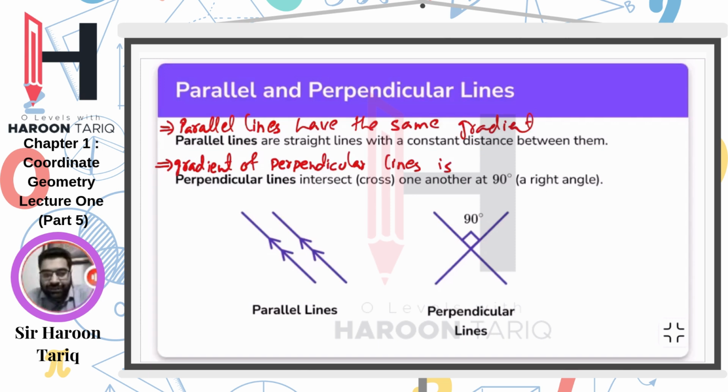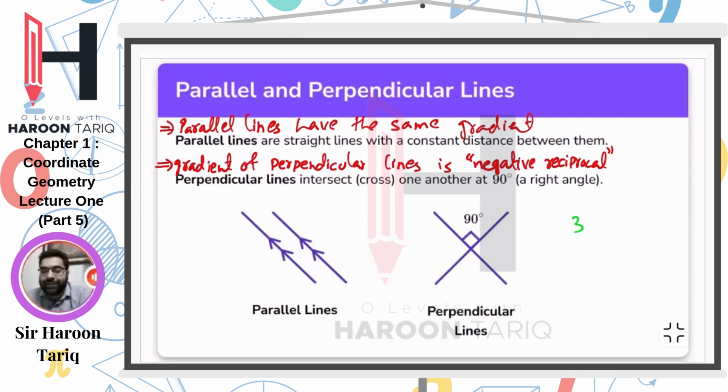I'll just write it in inverted commas. Is negative reciprocal. Okay, now this term would make more sense when we implement it in a few examples.